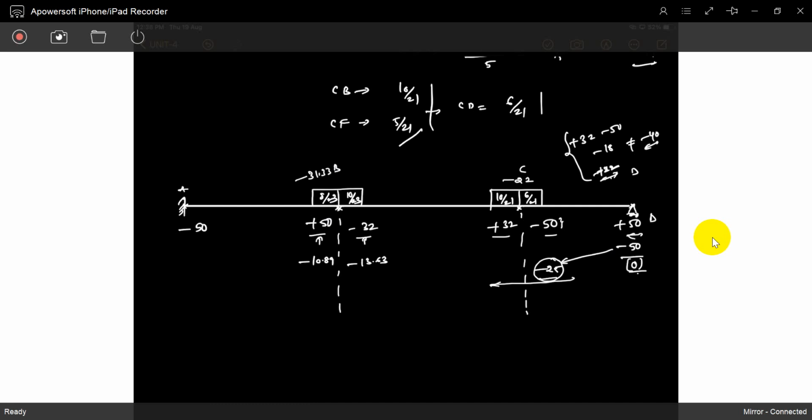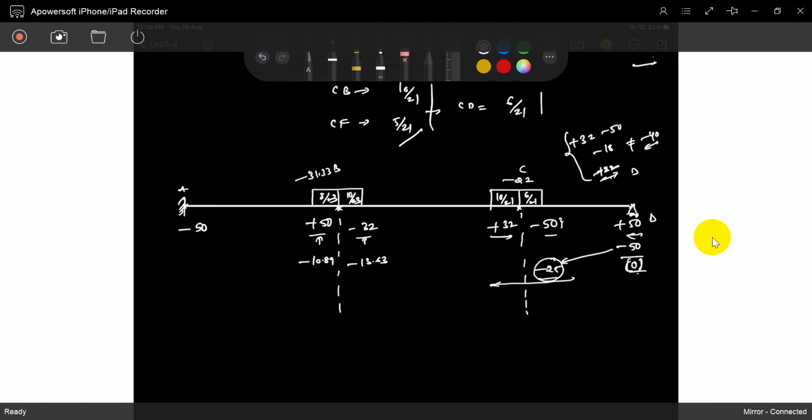It's a waste of time. So joint D is already settled; directly take it into consideration. So now we will see plus 32, it's minus 75, na? You can reduce the steps. Otherwise you have to balance the unbalanced moment every time. So that's why we have to start with a hinge end.